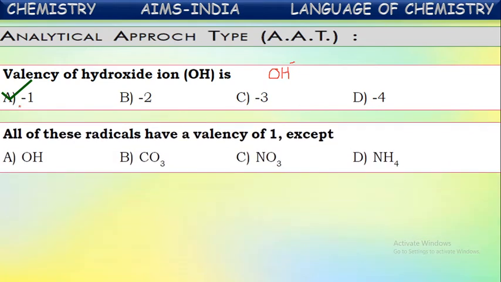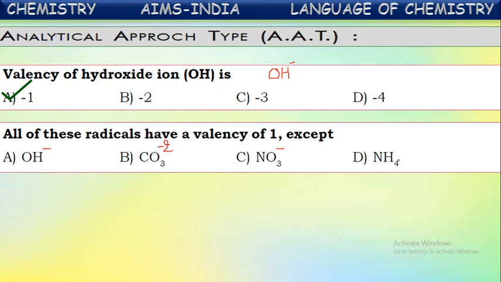Next question. All of these radicals have a valency of 1 except, yes, just now I have seen hydroxide ion valency is 1, and carbonate ion valency is minus 2. Nitrate ion valency is minus 1.